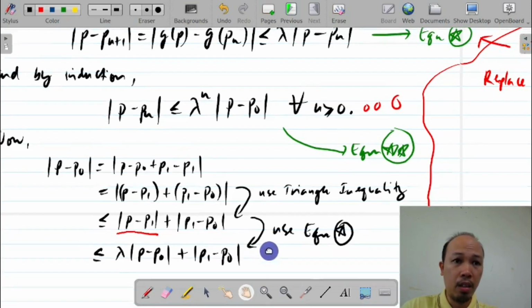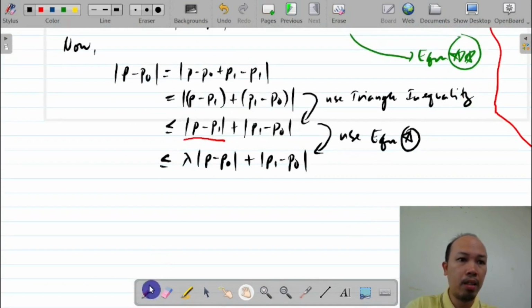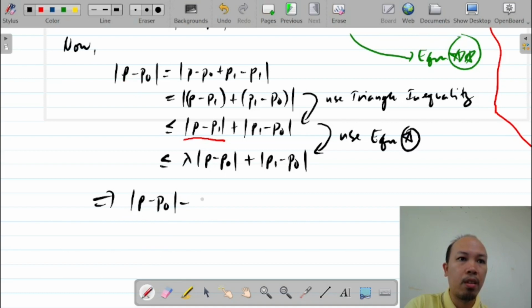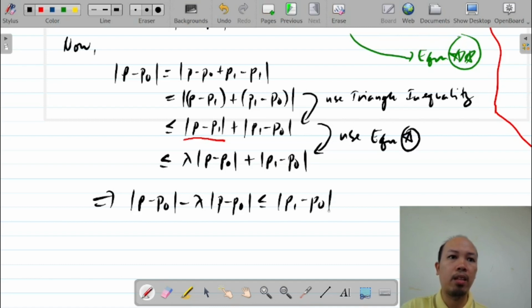So this implies that if we transpose the lambda term to the other side, we will have |p − p_0| − lambda|p − p_0| less than or equal to the remaining term.